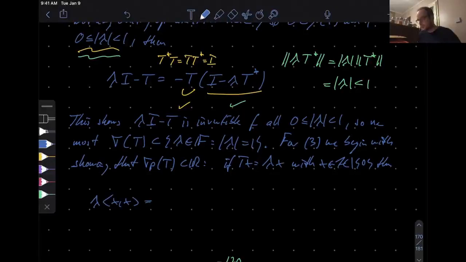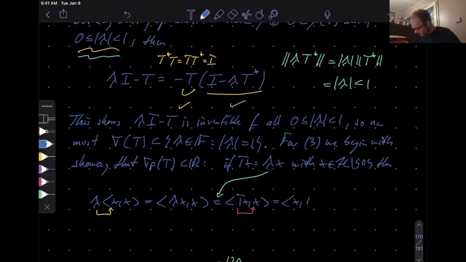If Tx is equal to lambda x with x non-zero, then consider lambda x comma x. You can choose freely where you want to put in the lambda. Let's put it into the first vector. Then I have lambda x, x, but by the eigenvector equation that gives you Tx comma x. Now you use the adjoint, so move it to the other one.